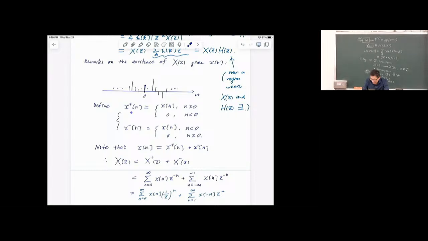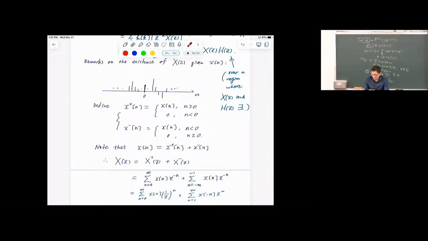We define x plus of n as simply x of n for time 0 or afterward, and it is 0 for any time before time 0.